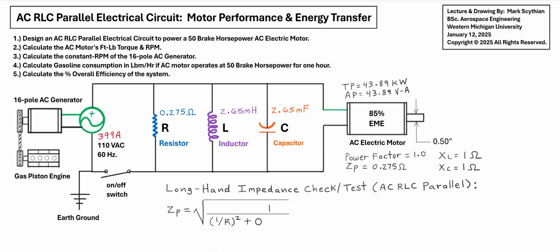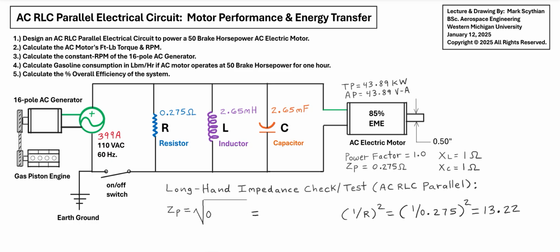Now we can focus on the 1 over R, its quantity squared calculation. We take our resistance value, its inverse, 1 over 0.275 squared, and we calculate 13.22 plus 0, so we get 1 over the square root of 13.22.